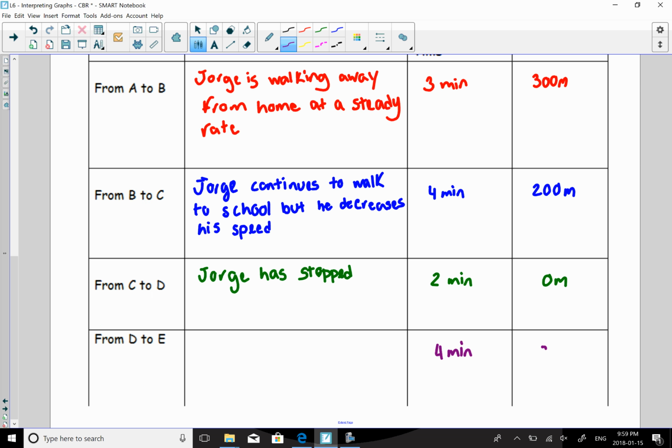So it's the same rate as before he stopped. So it's a steady rate. George continues walking to school at a steady rate.